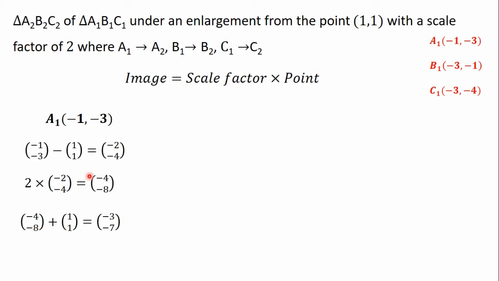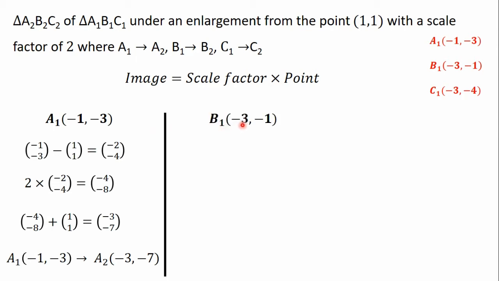So this means that when we enlarge the point A1 with coordinates -1, -3, using the point 1, 1 as the center of enlargement and a scale factor of 2, the point A1 will give us the image A2 with coordinates -3, -7. We are going to do this same thing for point B1 and point C1.